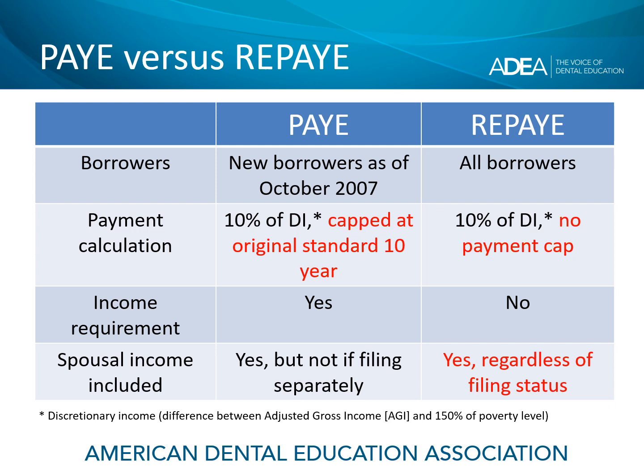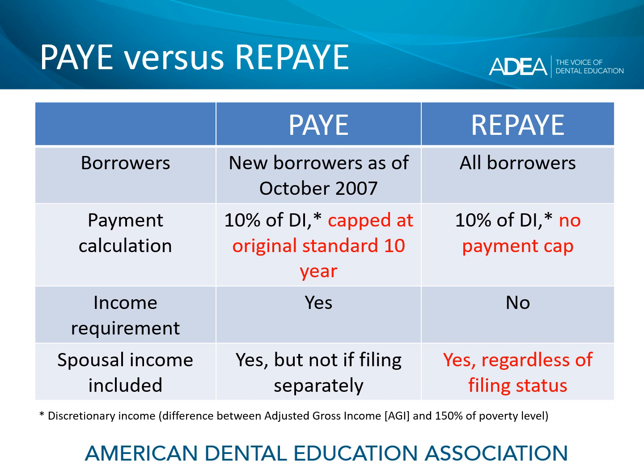So if you are an older borrower and you had some federal debt before October 2007, you cannot even apply for PAYE unless you paid that debt off in full before you took out another loan after that date. So once again, REPAYE is for all borrowers. PAYE is a bit more restrictive. It's only available for new borrowers or first-time borrowers as of October 2007.